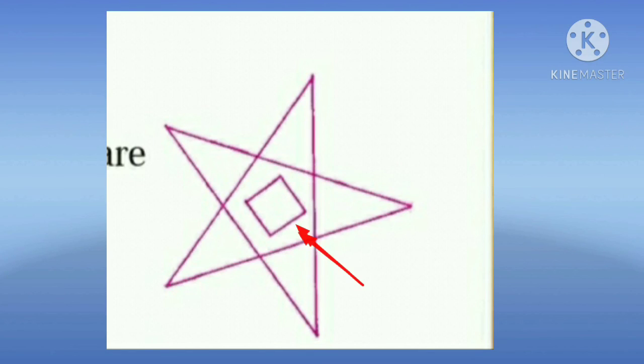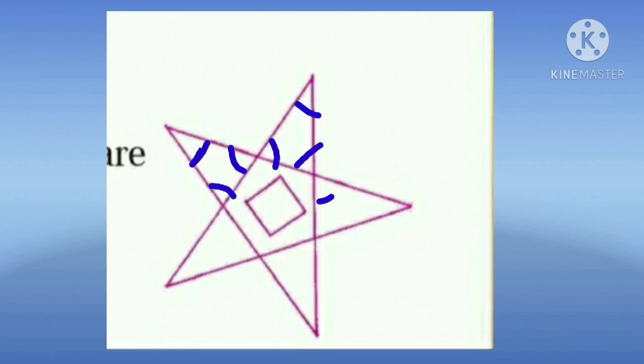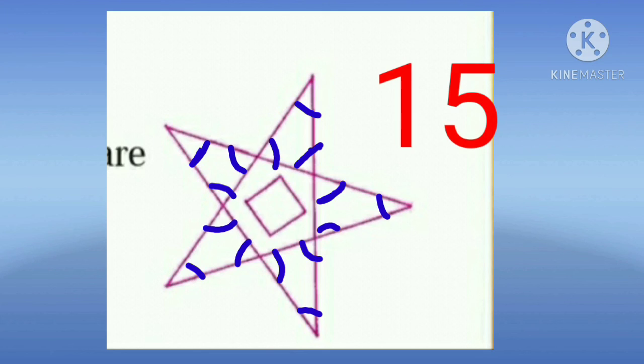In the middle of the circle, there is a square. In this square, the right angles are 4. And how many acute angles are here? 1, 2, 3, 4, 5, 6, 7, 8, 9, 10, 11, 12, 13, 14, 15. So 15 acute angles are there.